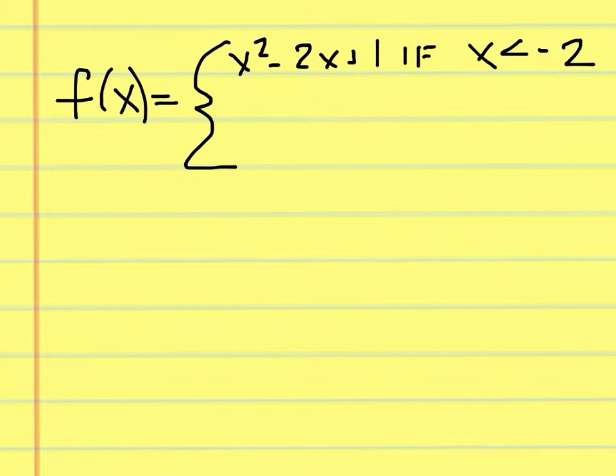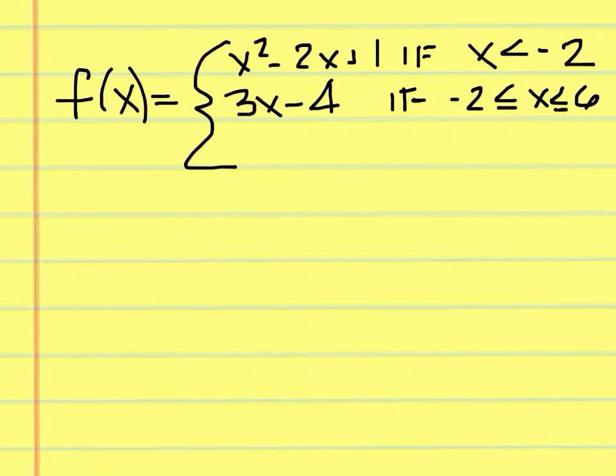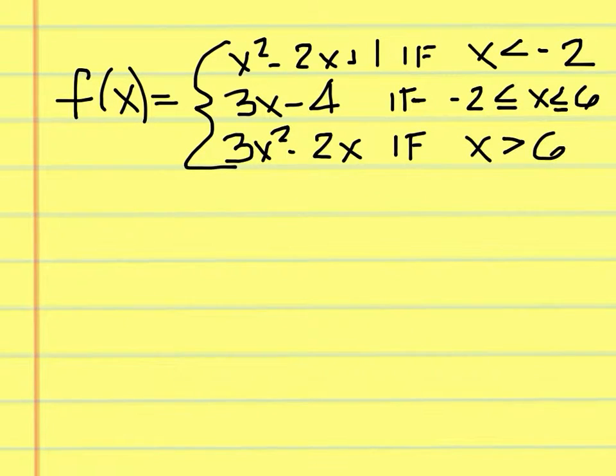F of x equals 3x minus 4 if x happens to fall between negative 2 and 6. Or f of x could equal 3x squared minus 2x if x is greater than 6.